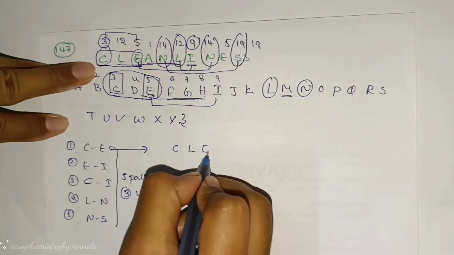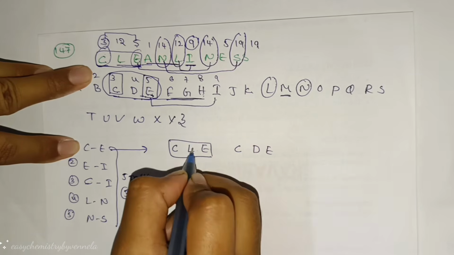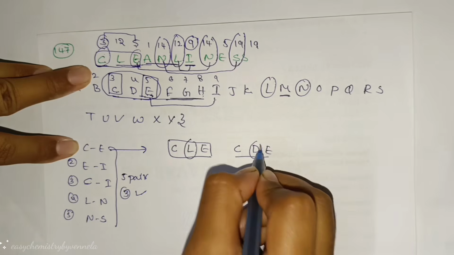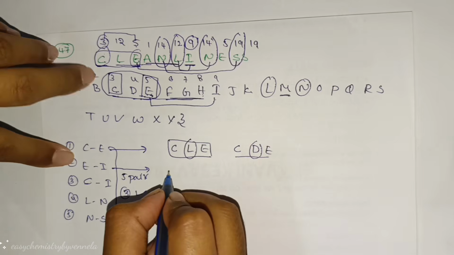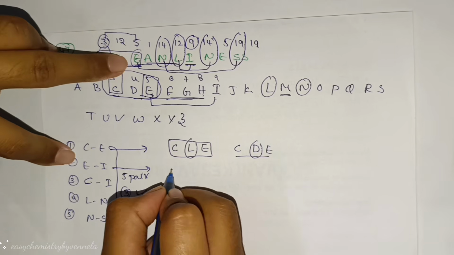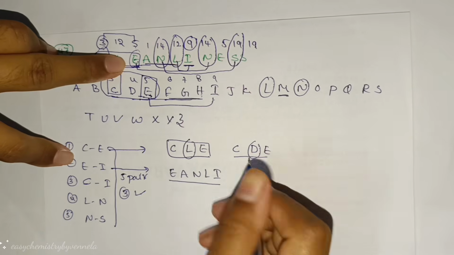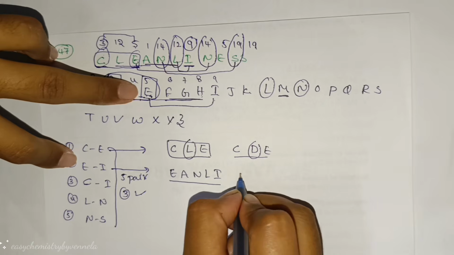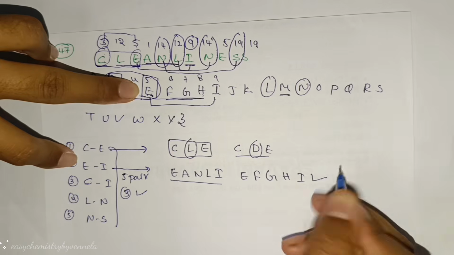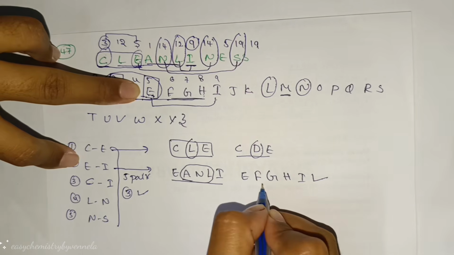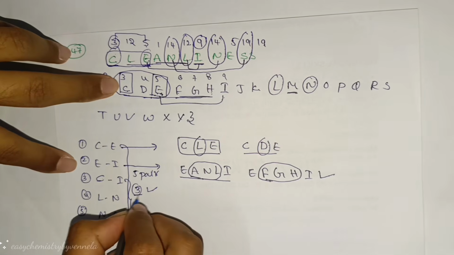Here C L E, but in the alphabetical series C D E. So the difference is 1 here and also 1 here. Next, the given word E A N L I, and in the alphabetical series E F G H I. The same difference is 3 letters. The remaining are also the same like this. That is why the third one is the correct one.